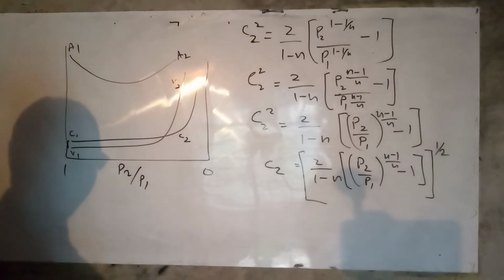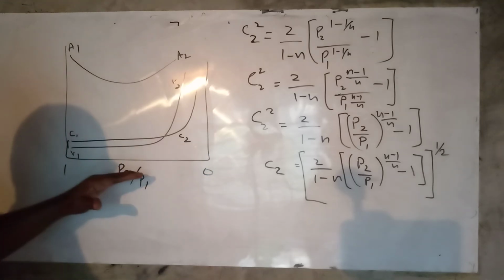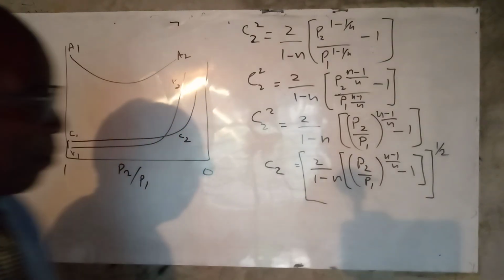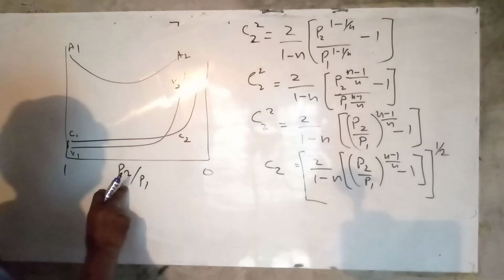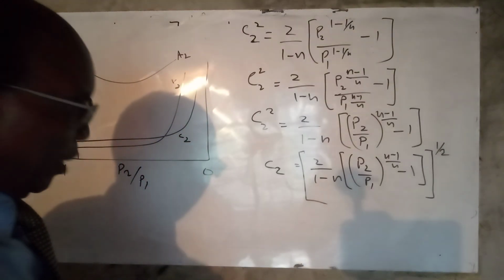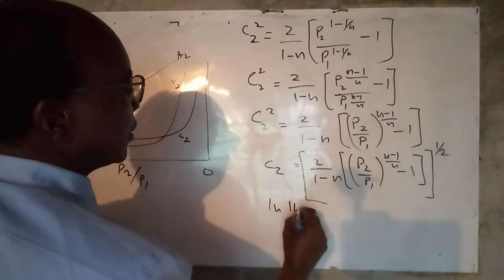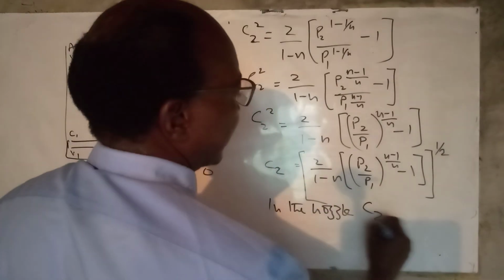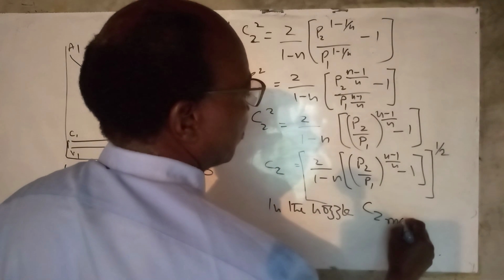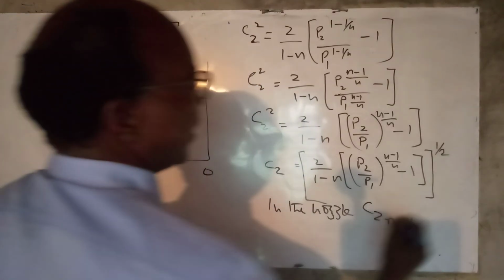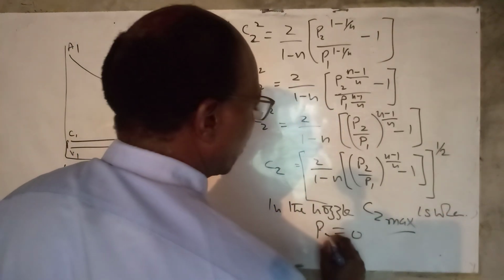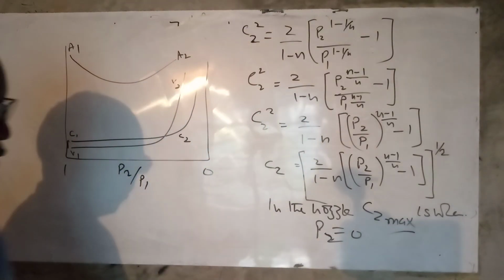Remember that? And we know that, for example, in the nozzle, the pressure is decreasing. So the final pressure, P2, is 0. And that's where we have the maximum velocity. In the nozzle, C2 max, let's put a subscript there, is when final pressure P2 is equal to 0.